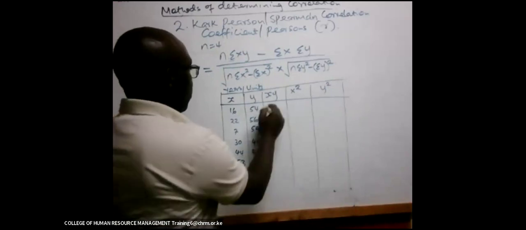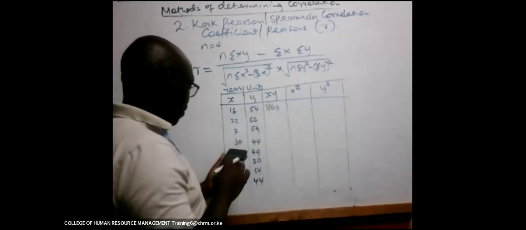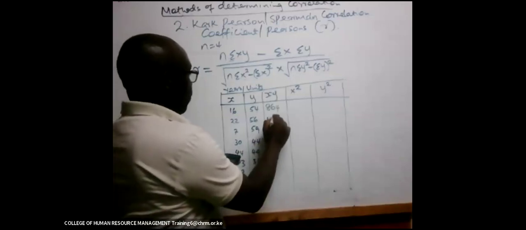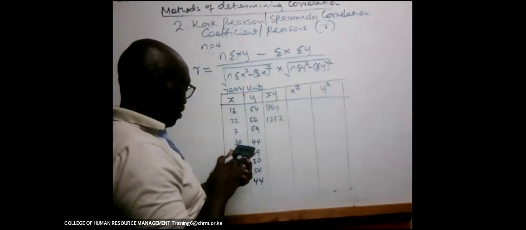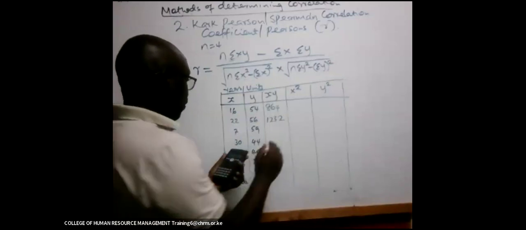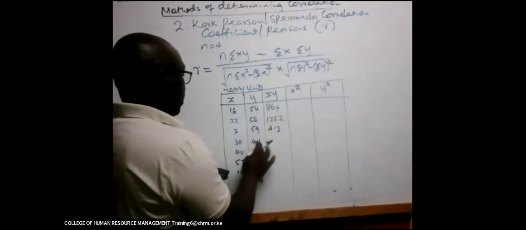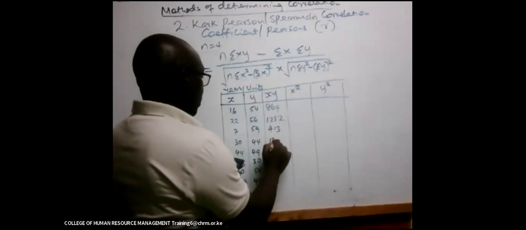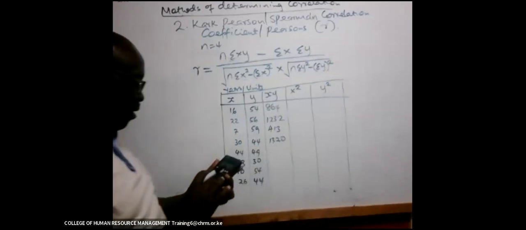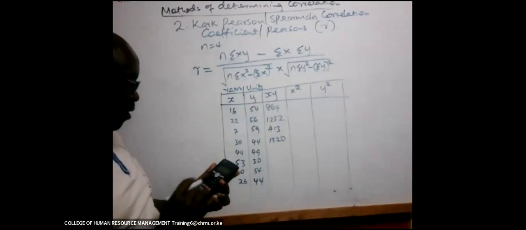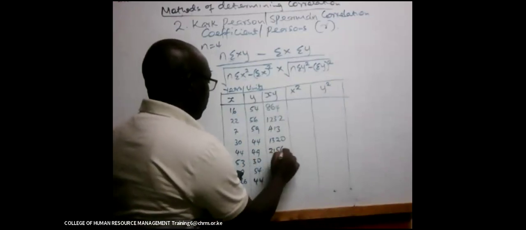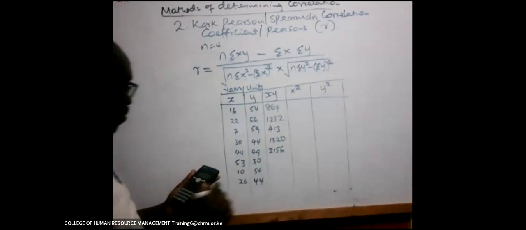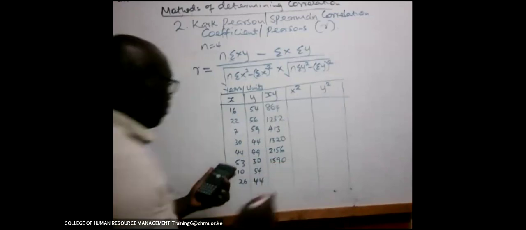You get 864. 22 times 56, 1232. 7 times 59, 413. 30 times 44, 1320. 44 times 49, 2156. 53 times 30, you get 1590.